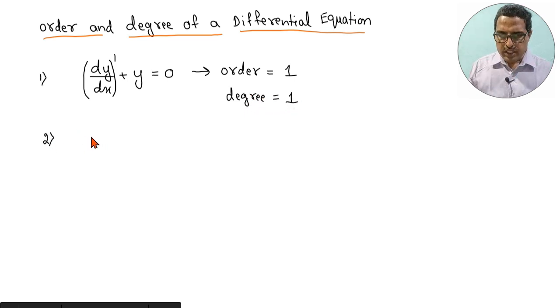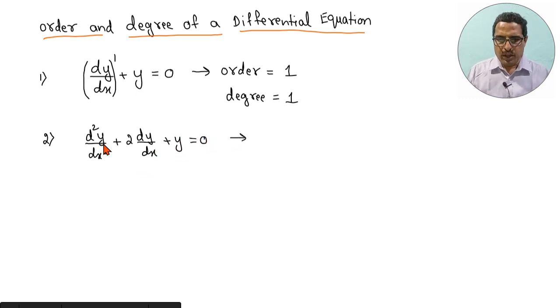Let us take another example. Suppose we have a differential equation of the form d square y by dx square plus 2 times dy by dx plus y is equal to 0. If you observe over here, this y is being differentiated with respect to x twice. So this is the second order derivative.